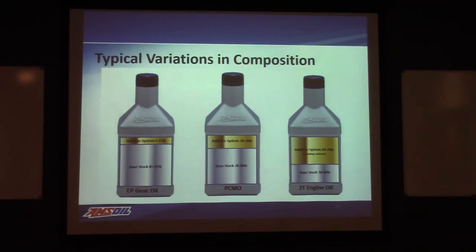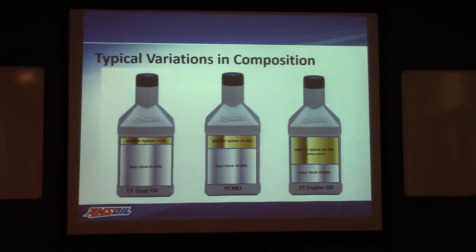We can see some other more application-specific oils. This happens to be an oil, the oil on the far right, that is directed towards a two-cycle engine. In this particular case, it's actually toward, let's say, marine outboards and that type of situation. 60 to 70% additive.